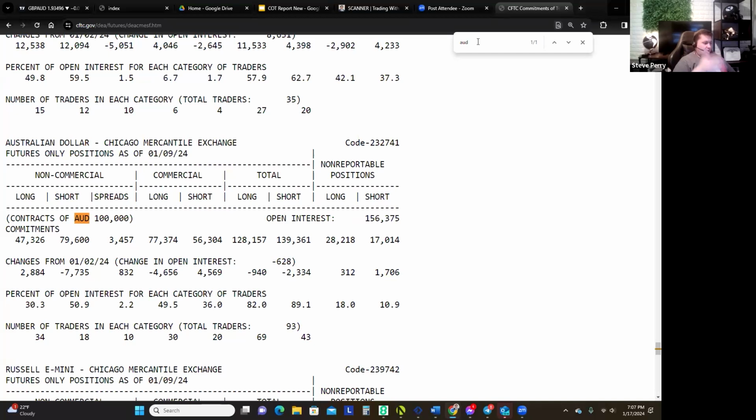If I know what the banks are doing with the Australian dollar, but I also know what they're doing with the euro, that's going to tell me the full story on the euro Aussie. If I can find out what the banks are doing on the Japanese yen, but also on the US dollar, that's going to really help me on the dollar yen currency pair in forex trading.